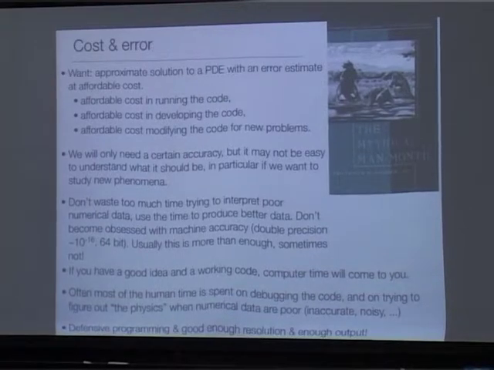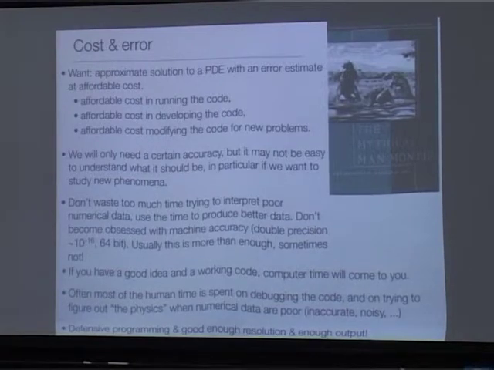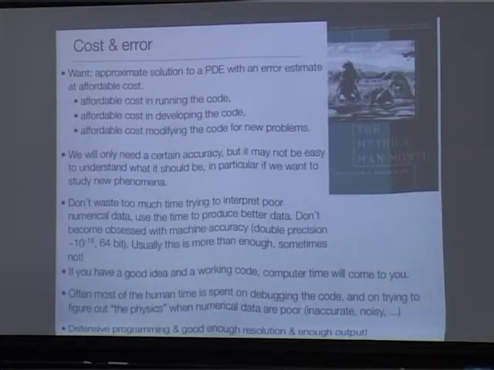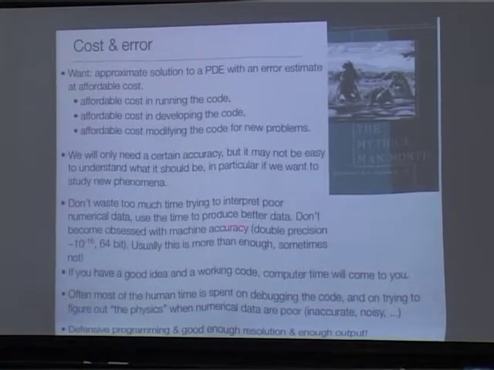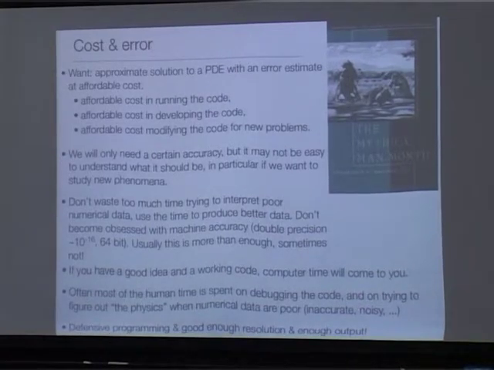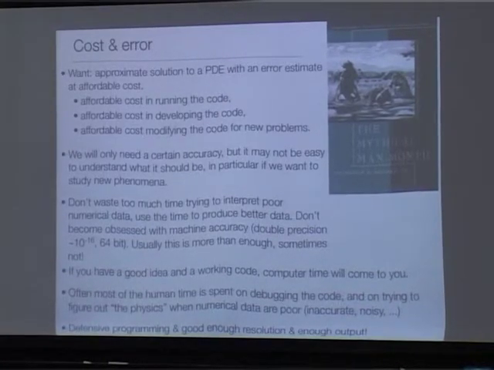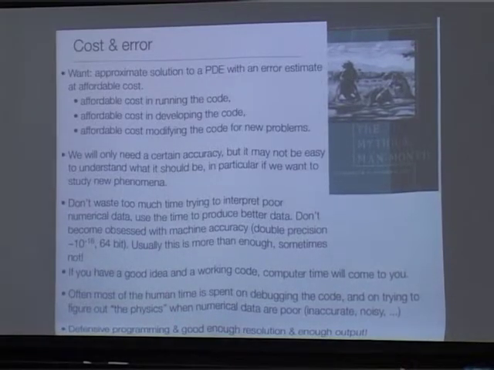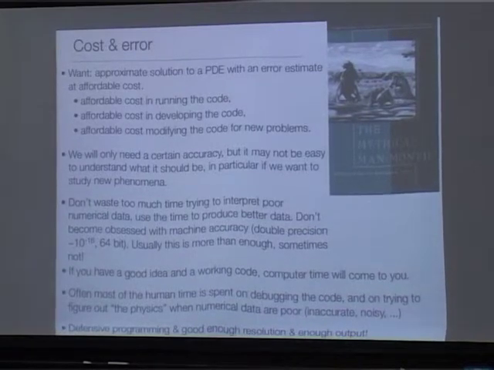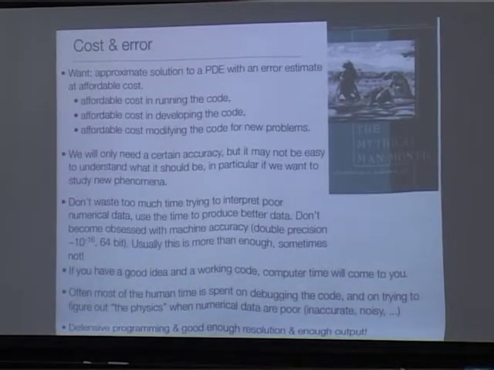You have to be very careful with planning your code, because most likely the main amount of time that you spend is actually debugging your code, or just trying to figure out what's going on when the data are poor. So try to minimize that time and maximize the time that you can spend on physics, having new ideas, new papers, with good quality data.